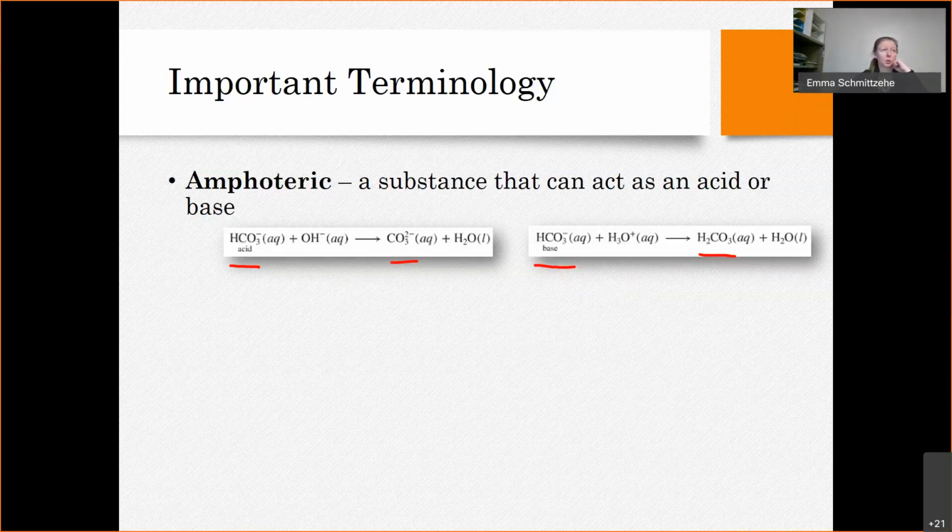We generally wouldn't write it first if it couldn't. Things can typically accept a proton if they have a negative charge, or if they have lone pairs on highly electronegative atoms. We'll talk about that a little bit more when we get into bases.